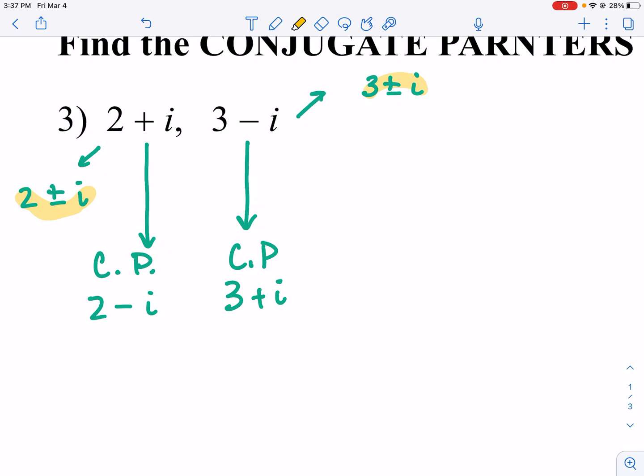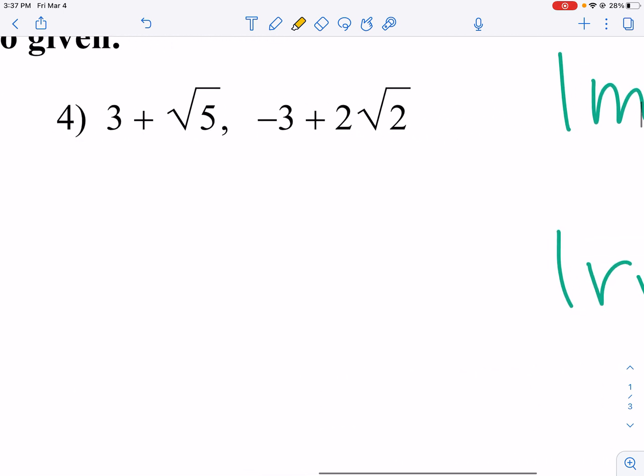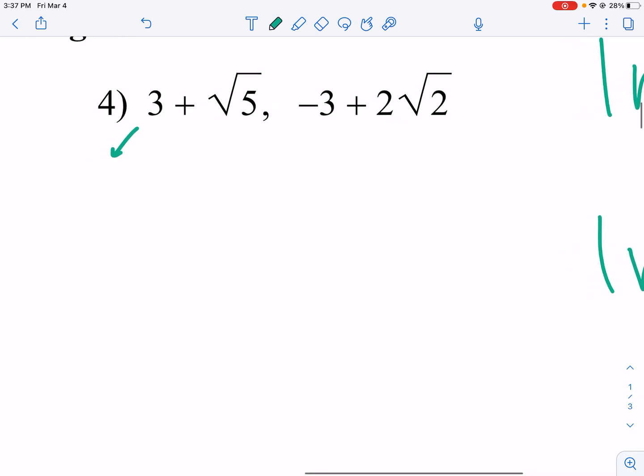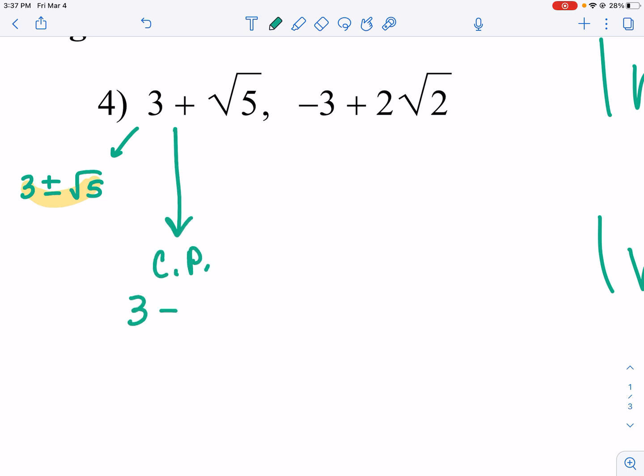The same thing exists for irrational numbers, right? This expression right here came from 3 plus or minus radical 5. Well, I've only been given the top part, so I need the bottom part of this. The conjugate partner of this is 3 minus radical 5.